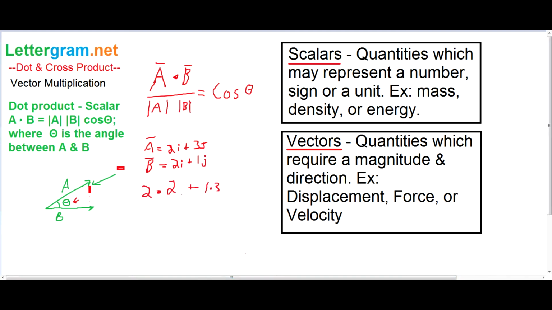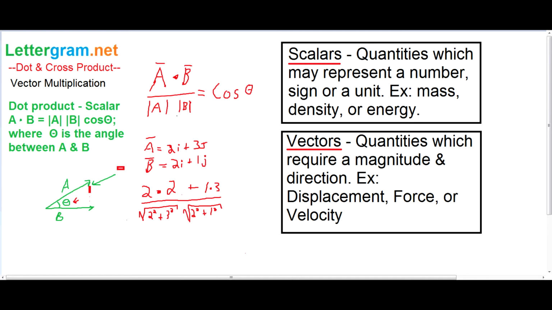Now we take the 2i's, multiply them by each other, 2 times 2, and then add the 2j's multiplied together, which is 3 times 1, and divide it by the magnitude of a, which is the square root of 2 squared plus 3 squared, and we have to multiply it then by the magnitude of b, which is the square root of 2 squared plus 1 squared.